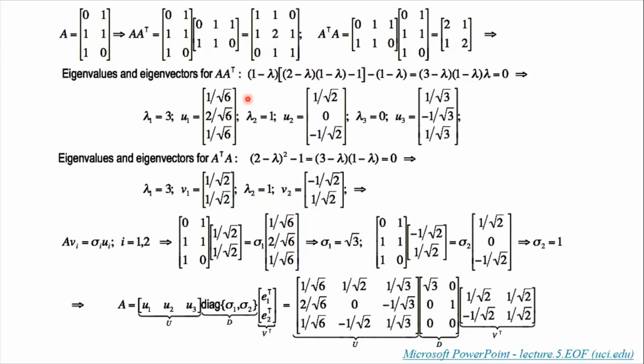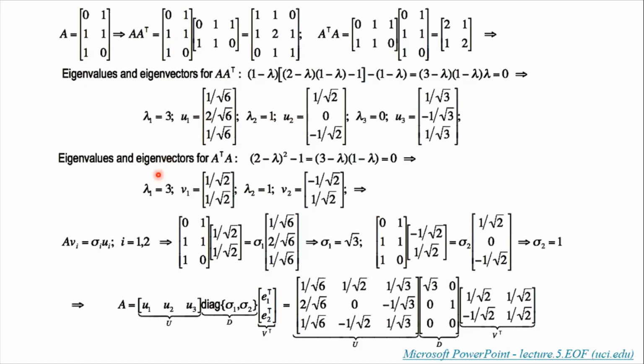Now we will assume that A lambda is equal to I lambda, and we will get the respective eigenvalues and eigenvectors of A A transpose. After calculating them, we say that the eigenvectors obtained are U1, U2, U3 respectively, and we get the lambdas.